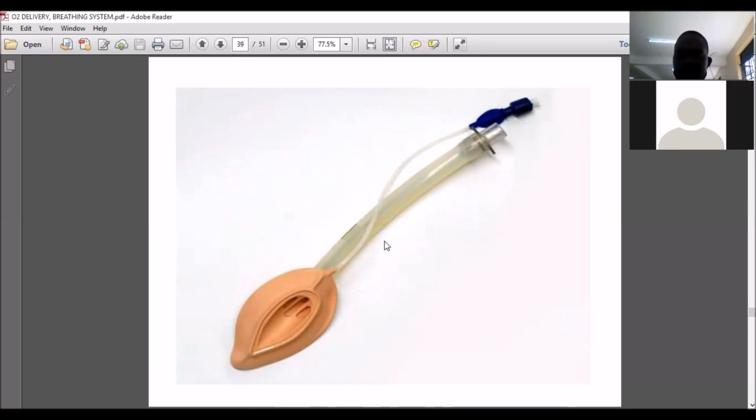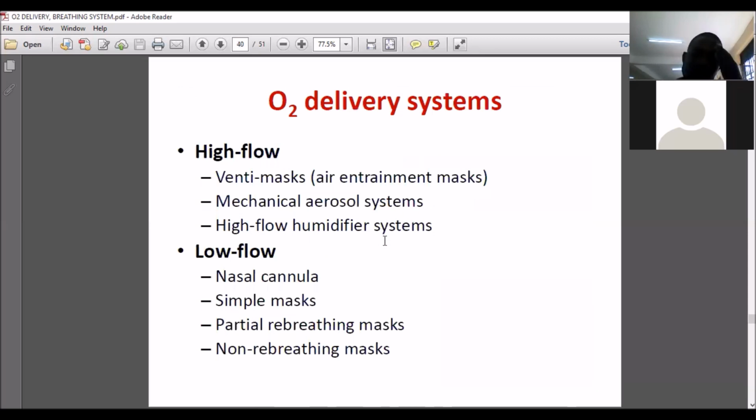Yes, that's the one. Then high oxygen delivery systems to have the high flow, like the wet masks, mechanical air swallow systems, and the high flow humidifier systems. High flow, I think they are the machines they have here.